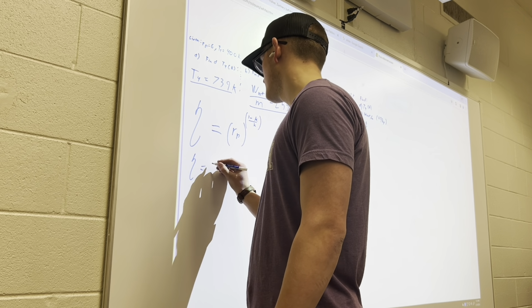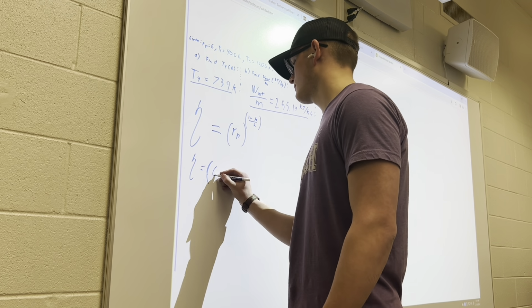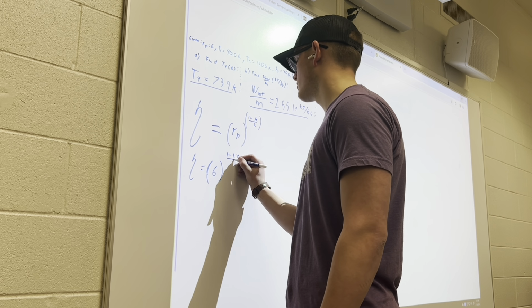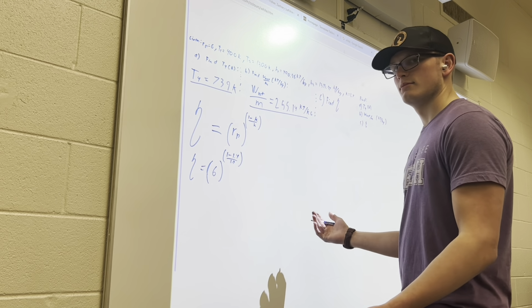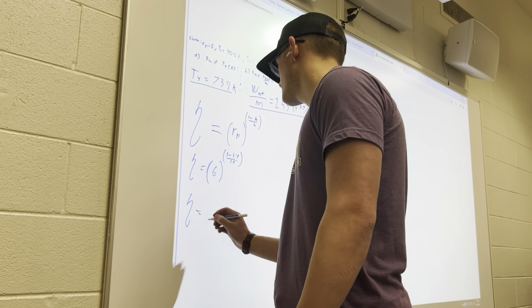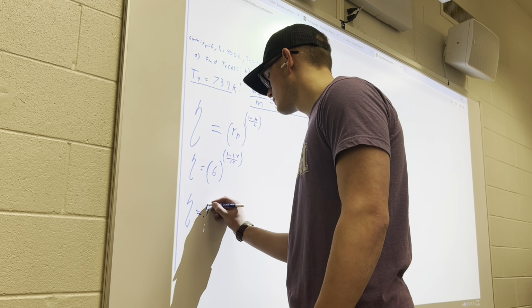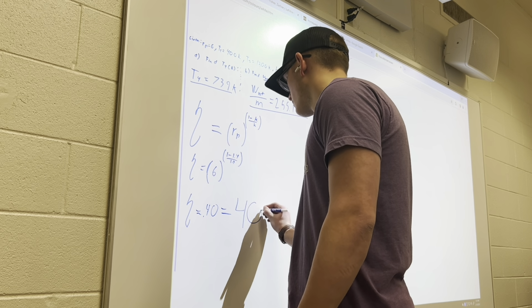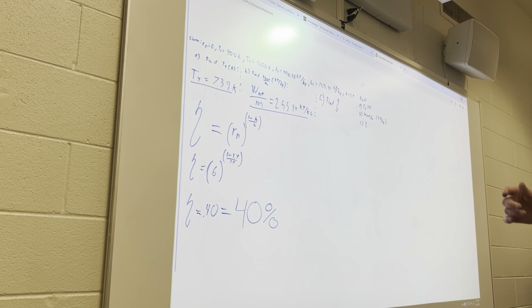So thermal efficiency is equal to our pressure ratio, which we are given in our problem as 6, raised to the (1 minus 1.4) over 1.4, where K is equal to 1.4, and that's it. And then once you plug this into your calculator, you get thermal efficiency is equal to 0.40, which is also equal to 40%.